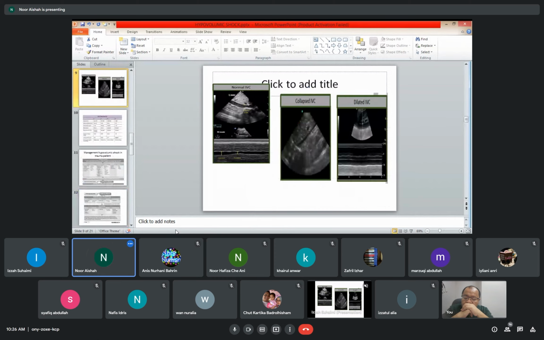And we can assess the IVC, whether normal IVC is around 1.5, and collapsible IVC, you can see whether it will be a collapsed IVC or a dilated IVC in a patient with fluid overload. And IVC is one of the methods we can use to assess if the patient has had adequate resuscitation or not.